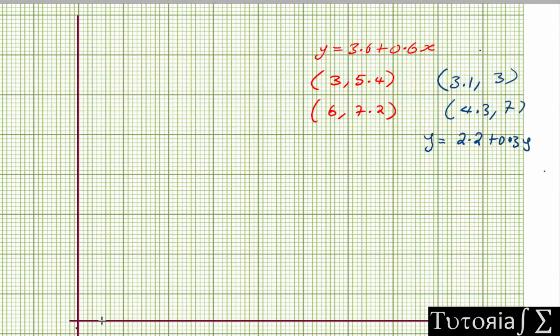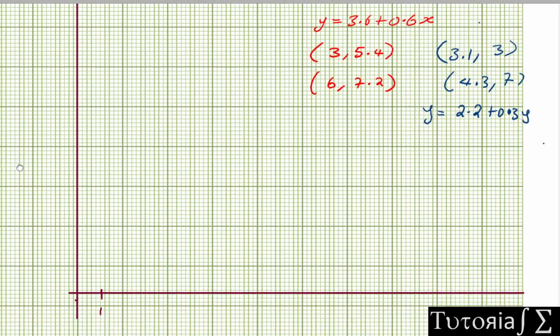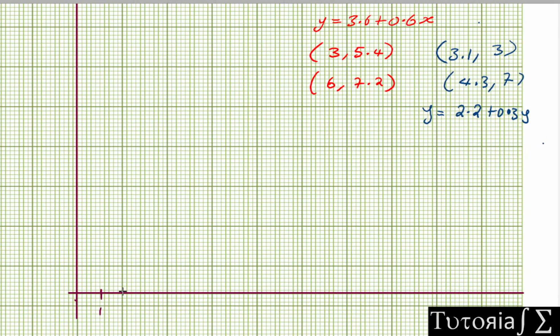So that will be somewhere there. 1, 2, 3, 4, 5. 1, 2, 3, 4, 5, then 1, 2. Now let me just do this.